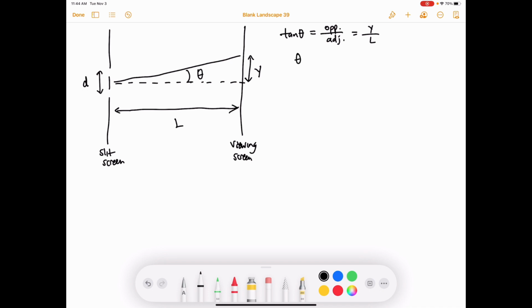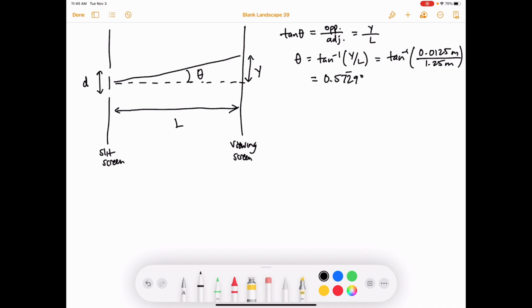So theta should just be the inverse tangent of y over L. In this case, you have values for both of these. y is 1.25 centimeters, so 0.0125 meters. And then L is 1.25 meters. So the angle, if you work it out, is 0.5729 degrees. We'll keep 3 sig figs on that.